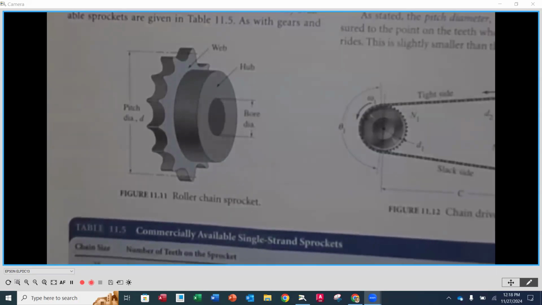Now, by the nature of the sizes that we just looked at, the larger the number on the chain, the larger the chain is going to be, the bigger, chunkier the chain is going to be, which is also going to allow it to transmit more force and torque through it, okay? So for different applications, we're going to be interested in sizing the chain based on whatever the application might be, okay?